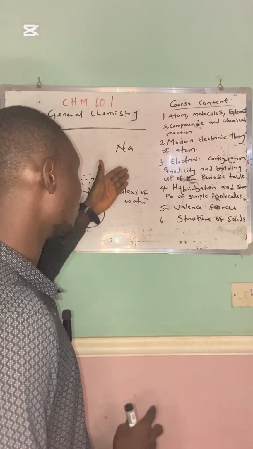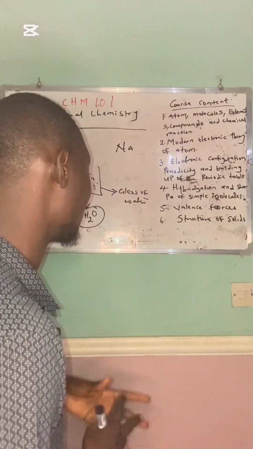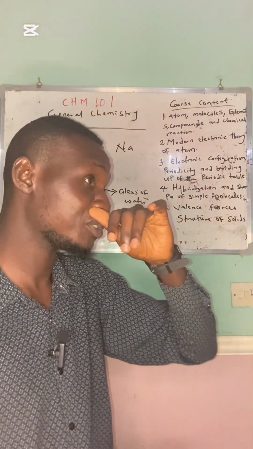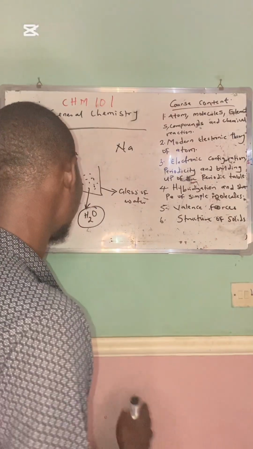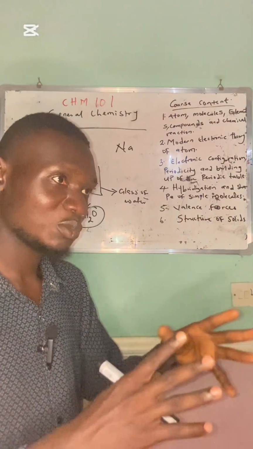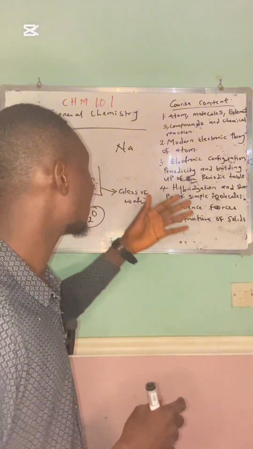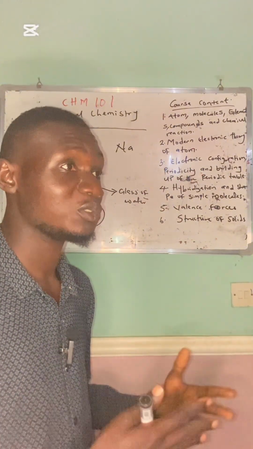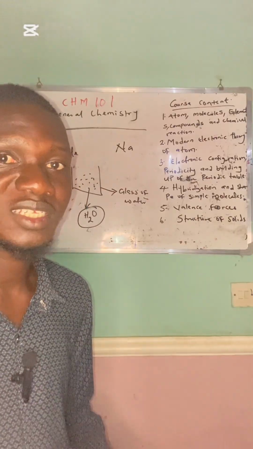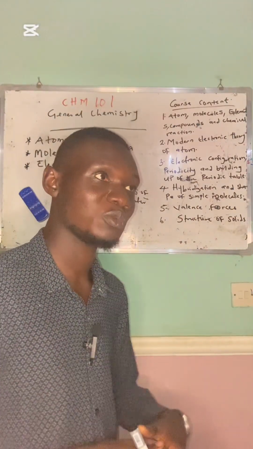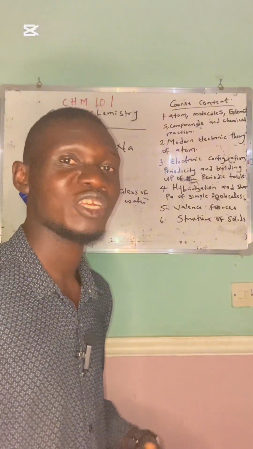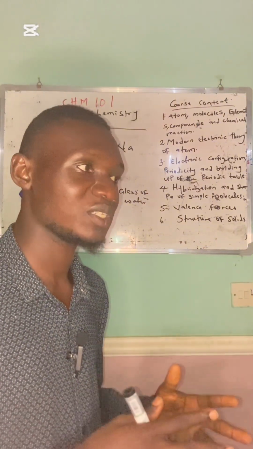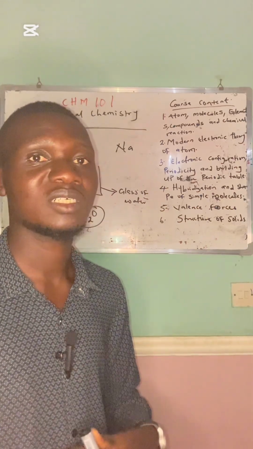So we just said something about elements, and aside from just seeing them in the periodic table, the idea of an atom, which is part of the discussion in the subsequent modern electronic theory of an atom, will reveal to us a lot, and the reasons why certain elements are arranged in the periodic table as they are, which is what informs the modern periodic law, which is basically based on the atomic number of elements.